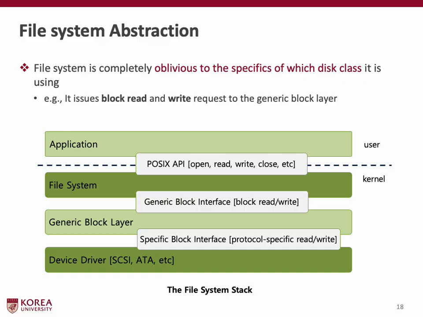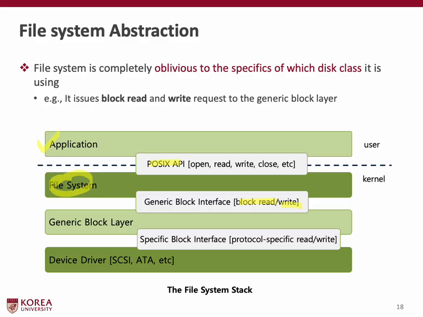Let's see this figure. There is an application layer on the top of this file system stack. An application can request I/O operations by using these standard API functions. Then the file system handles this request by sending some block read or block write operations to the lower layer.